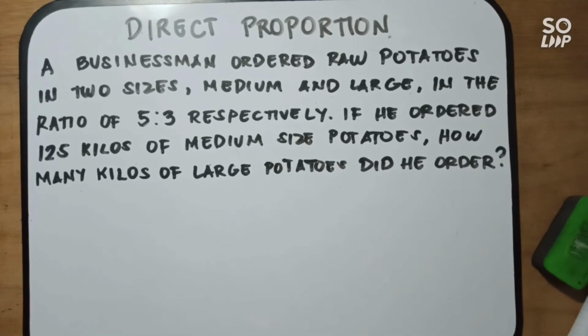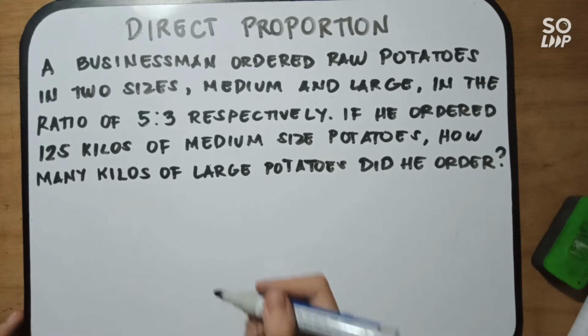Let's try another example. A businessman ordered raw potatoes in two sizes, medium and large, in the ratio of 5:3 respectively. If he ordered 125 kilos of medium-sized potatoes, how many kilos of large potatoes did he order? The first thing we need to do is construct a proportion statement.